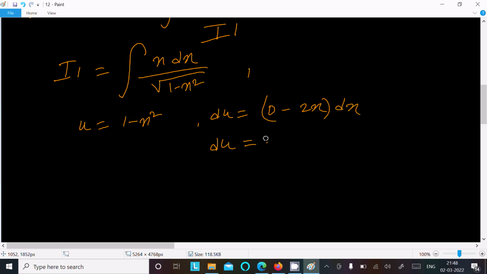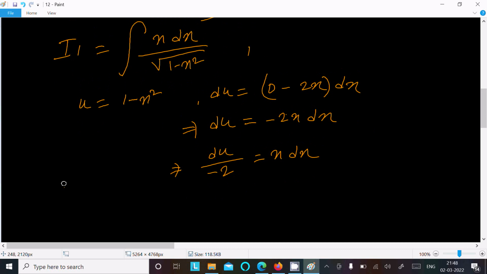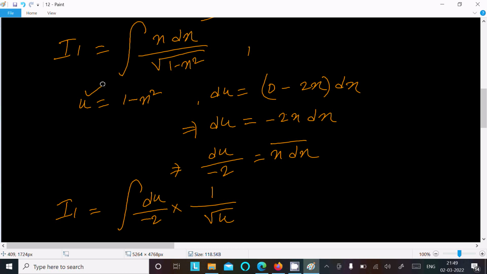Then du equals minus 2x dx. So in I1, this is x dx, which we can replace with du by minus 2. Then we can write this under root u, where 1 minus x square is what I assumed as u.